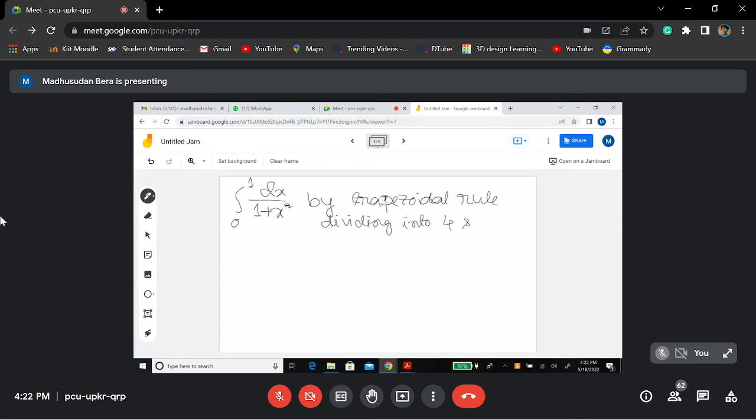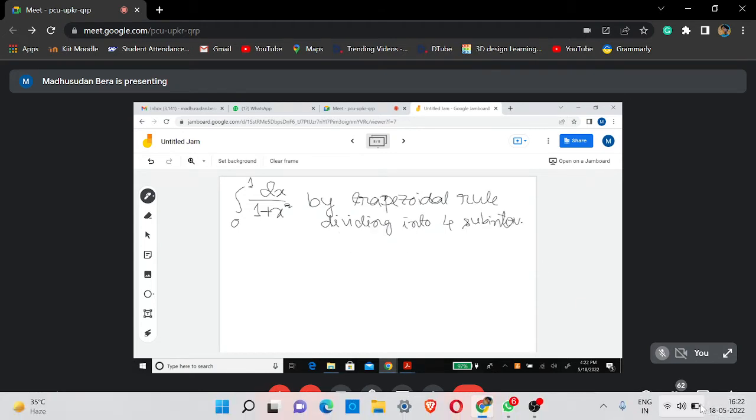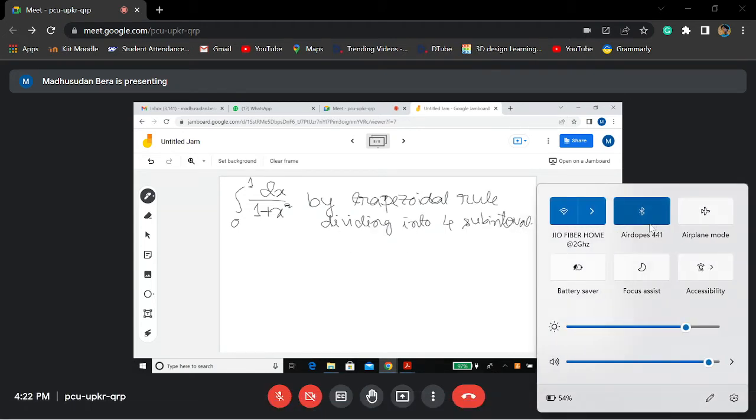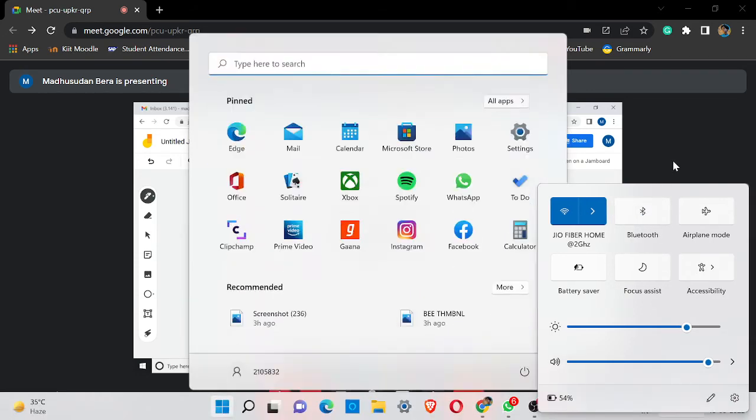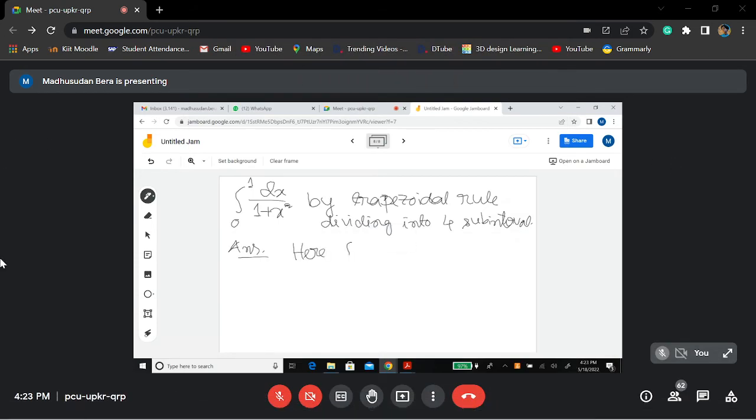Dividing into 4 subintervals. So what is the n value? What is f(x)? 1 by 1 plus x square. Is that okay? Yes, sir.